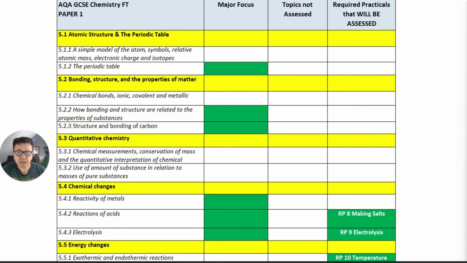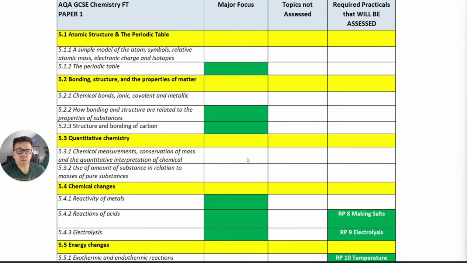I would say really important for chemistry is the atomic structure and periodic table section of work, and particularly they talk about the periodic table, which is really good. So talking about all the groups and things like that. And then bonding, structure and the properties of matter, that's quite an important one. So how bonding and structure are related to the properties of substances, and the structure and bonding of carbon.